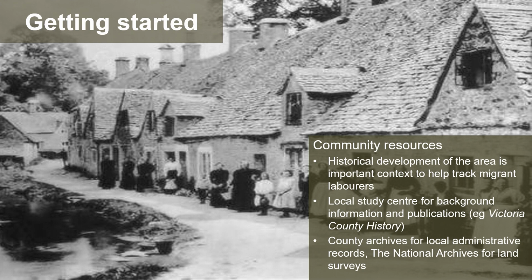The further back in time you go, the more you need to understand the geography and the topography of where your ancestors lived. So if you have found an entry for an AGLAB on the census, have a look at the place of birth. And the further back in time you go, that place of birth becomes increasingly important, because the transportation networks weren't what they are today.